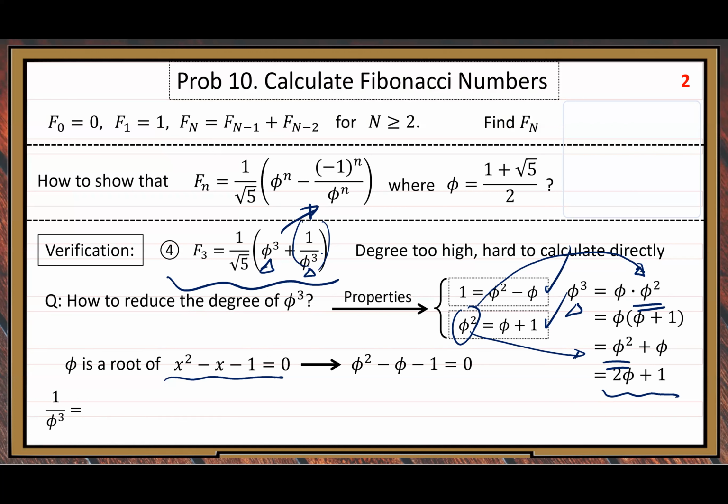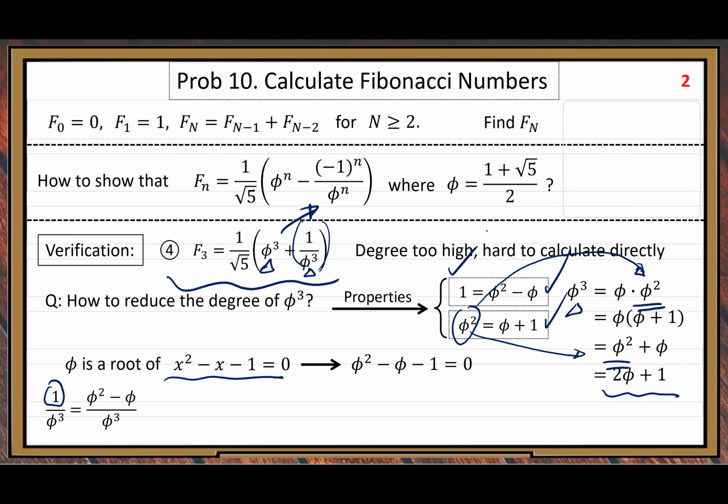But the good thing is, this time the numerator is 1, and our first property gives us a special expression of 1: 1 equals phi squared minus phi. So we can replace 1 by phi squared minus phi in the numerator.